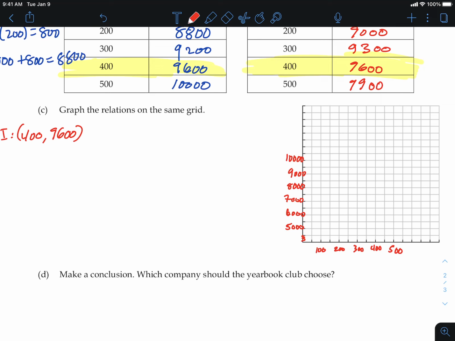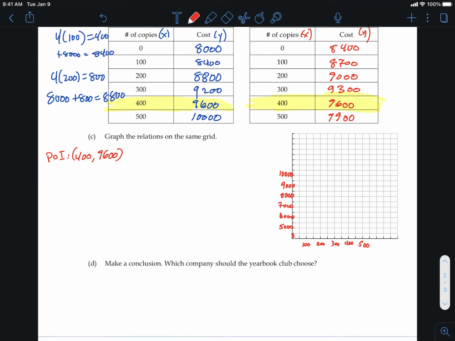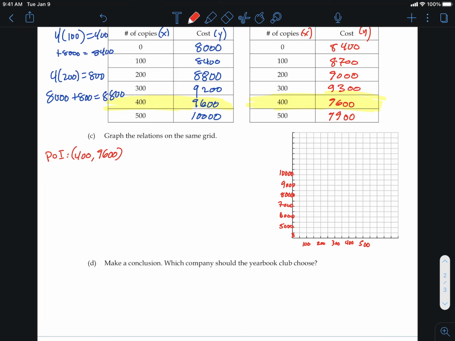Okay, then we can plot both lines. So then I'll do them, sorry, I'll do them in their appropriate colors too.